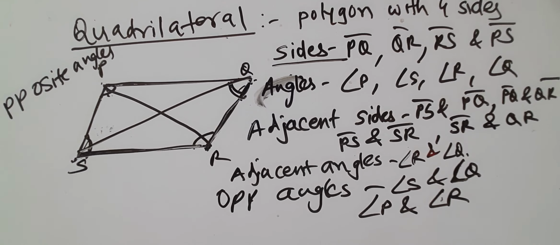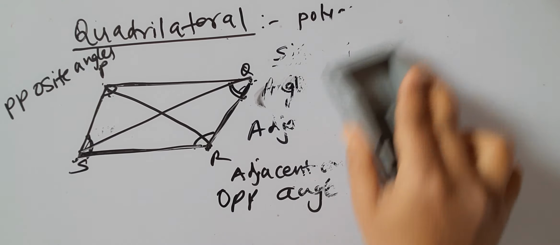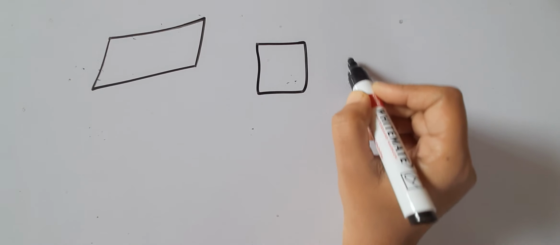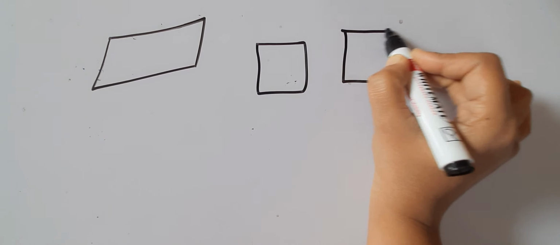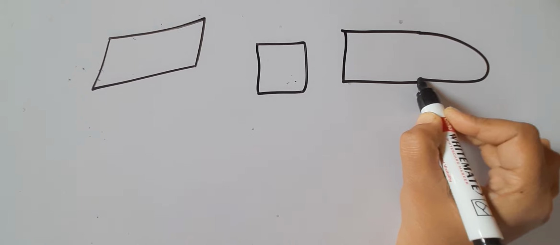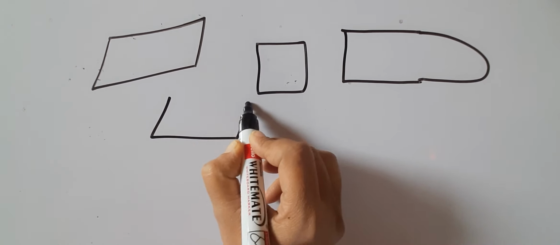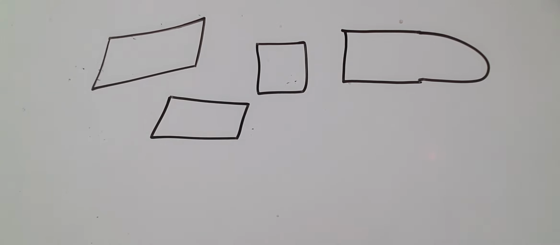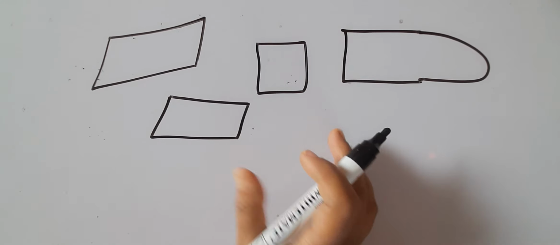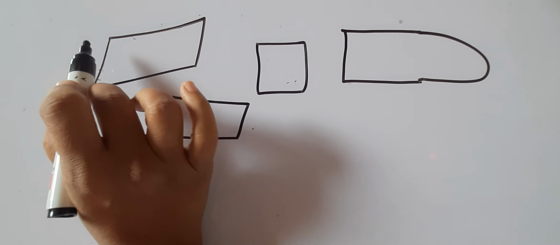There are many questions asked in exams, like they might give you different shapes and ask which one is not a quadrilateral. So suppose they might give you a shape, and they might ask which is not a quadrilateral here. We know what a quadrilateral is. A quadrilateral is a closed curve.